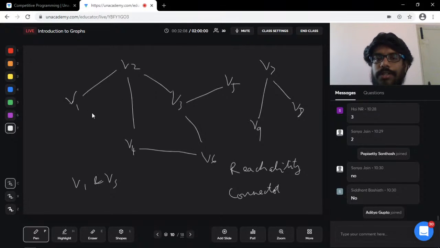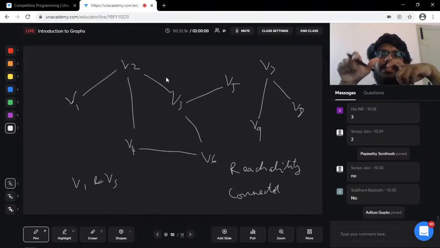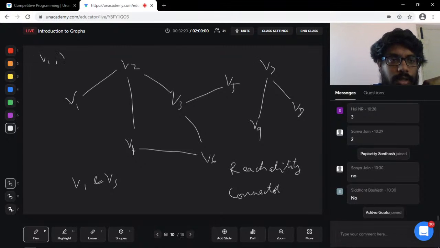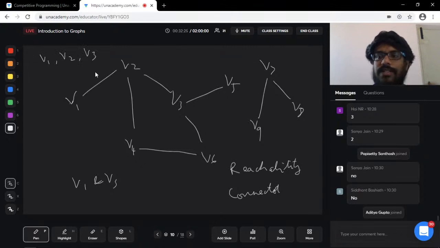So in particular, what is reachability? Two vertices are said to be reachable if there is a sequence of edges such that the edges are next to each other, or rather a sequence of adjacent vertices. I can write V1, V2, V3. V1 and V2 are adjacent because there's a direct edge between them.